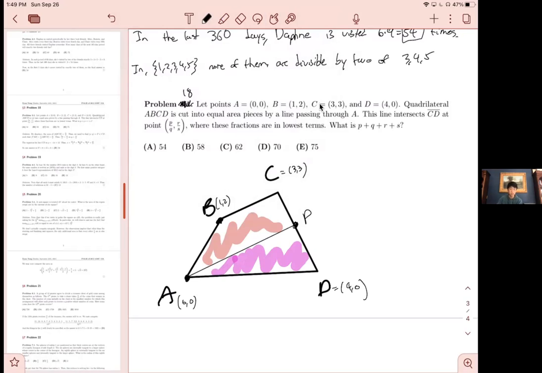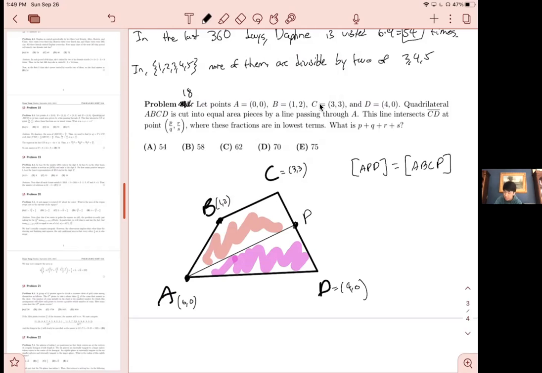So we skip a step there and we just let P be the intersection point of the line and CD, and then we just use that to define the line. So AP is the line that we've chosen. And yeah, so we know that APD equals ABCP.